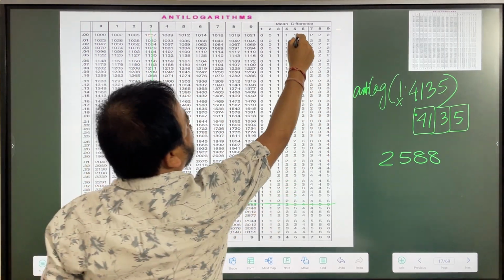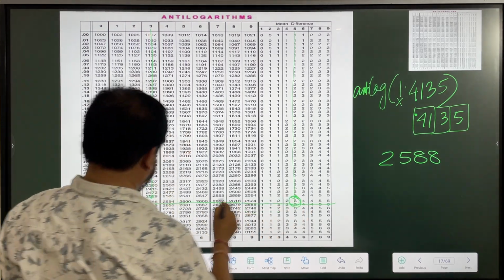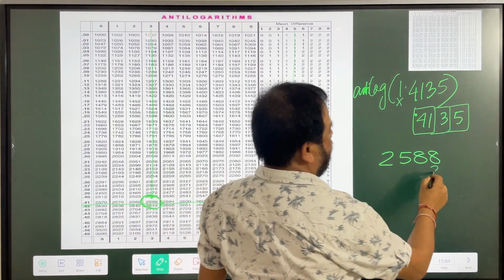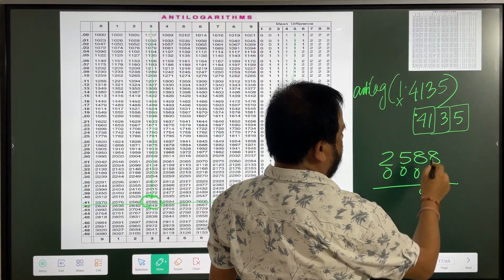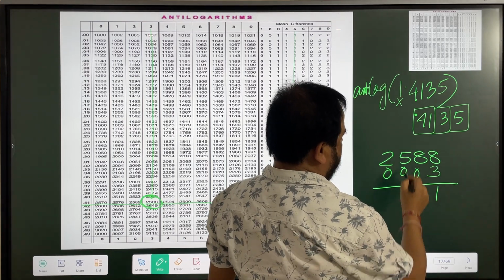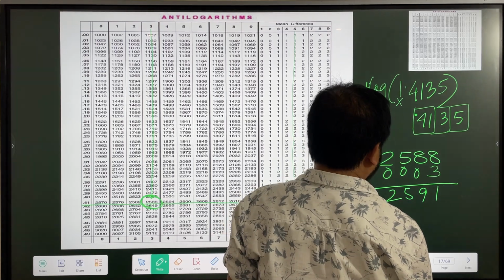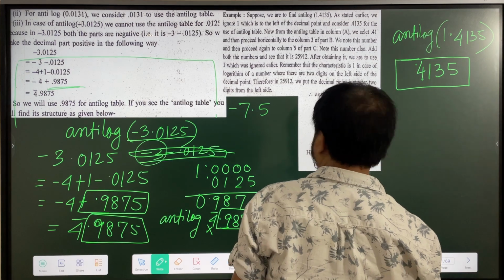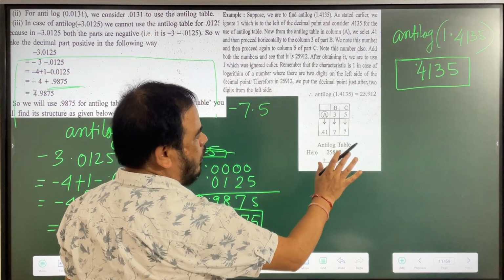Then 5, so mean difference 5. That is 3. This one 2588, this is 3. So 3 1 9, that means 0 0 like this, 1 9, 2591. So let us go back now. We have got 2591. They have taken 5 digits, so you don't worry for that.